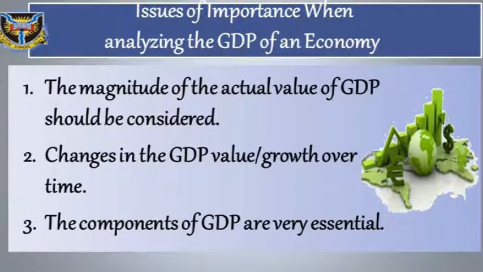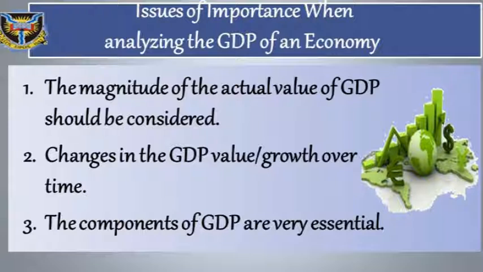The magnitude of the actual value of GDP should be considered. What is meant here is that the real GDP value, which is derived by removing inflation from the nominal GDP, should be used in the analysis of an economy. Considering the nominal GDP value may offer a misleading answer.